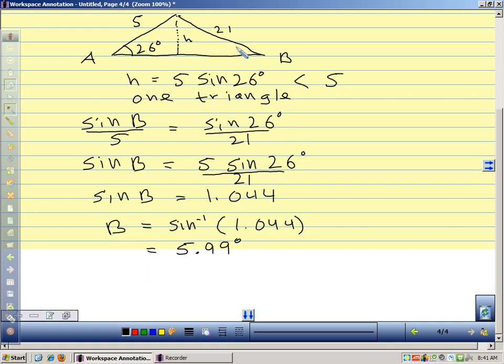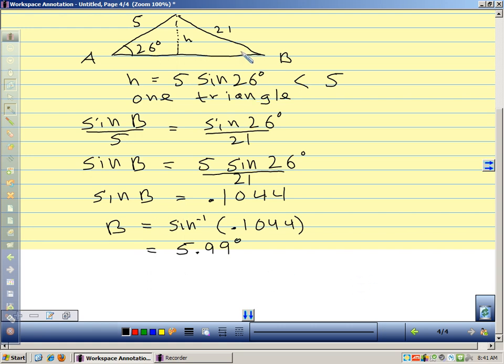We can put this into our triangle once we have angle B. So our angle comes to 5.99.